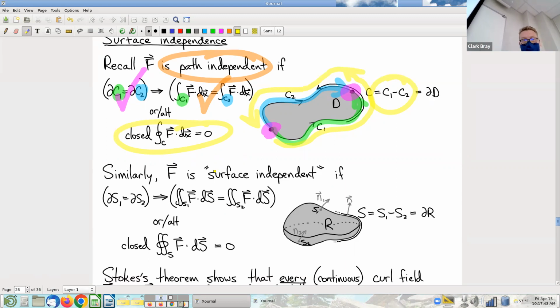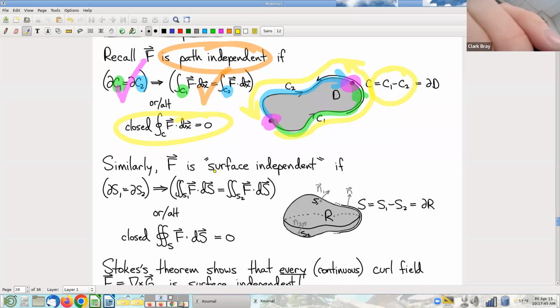Okay, so with that in mind, here's our equivalent notion of surface independence. If you have one surface, and I've deliberately laid this out on the page analogously, and I'm going to walk through it analogously to underscore how it's the same idea. You have another surface, and if they have the same boundary, now the boundary is no longer just a pair of points. Now the boundary is a curve, right?